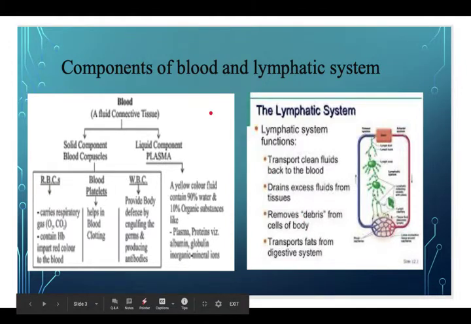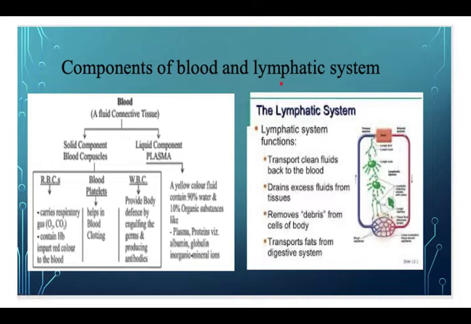Here you can see the different components of the blood and lymphatic systems, the two important systems that help in our transportation process. In this chart you can see that blood, which is a fluid connective tissue, has two important components. The solid component of blood is known as blood corpuscles, in which three types of cells are found.